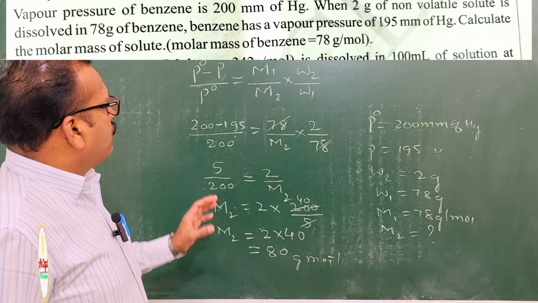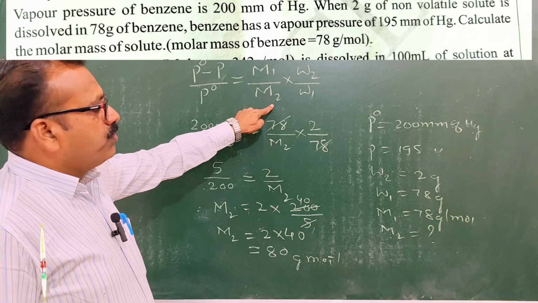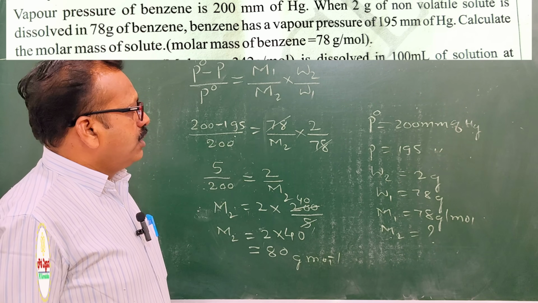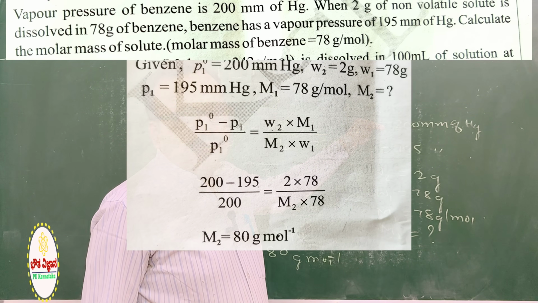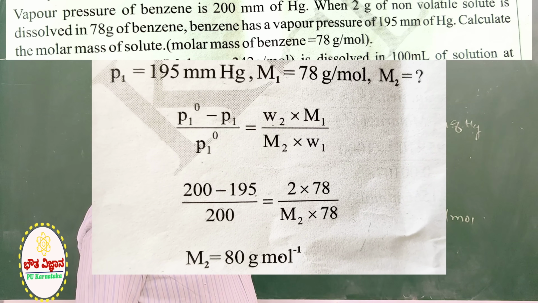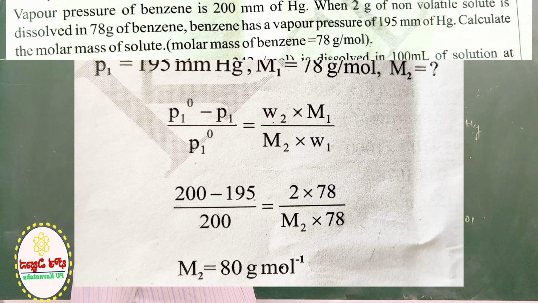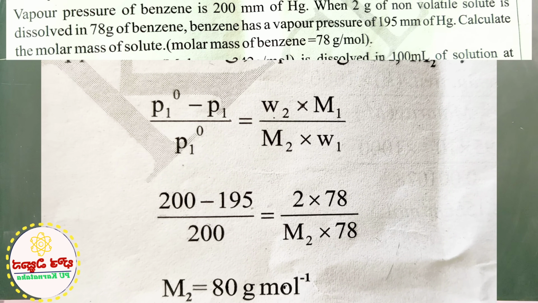You come to know P0 minus P divided by P0 equal to M1 by M2 into W2 by W1. So what are the given values we have to take down first? P0, that is the vapor pressure of pure solvent. P is the vapor pressure of solution. W2 is the weight of solute. W1 is the weight of solvent, M1 is the molar mass of solvent, M2 is the molar mass of solute. We have to determine, very simple.